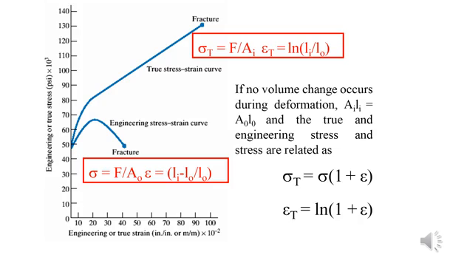Here is a comparison of a diagram showing true stress and engineering stress versus true strain and engineering strain. You notice that the true stress or strain continues until the fracture.